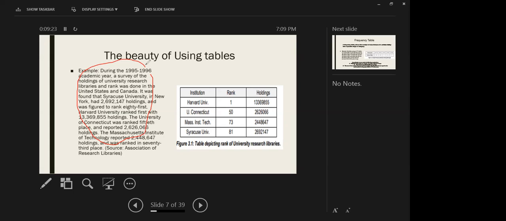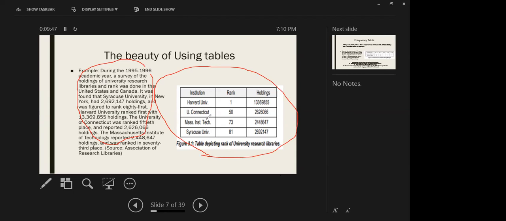But now you can see that the same information is relayed through a table. So these two examples are speaking about the same thing. The left one is a written form, and the right one is a table, but they are conveying to the audience the same information.